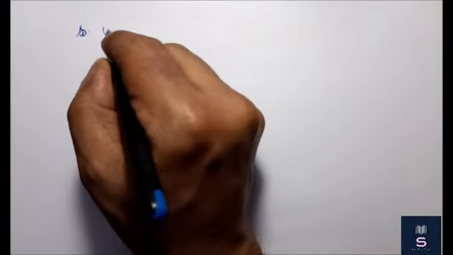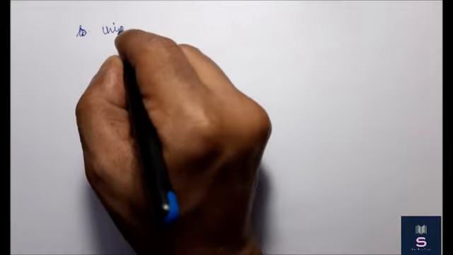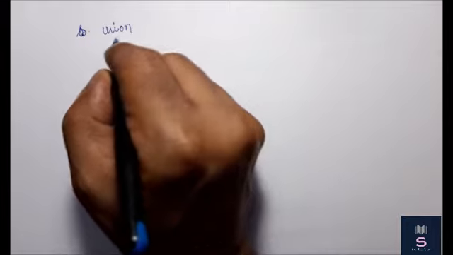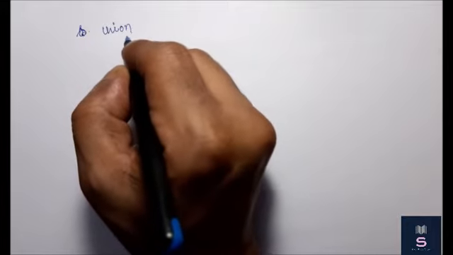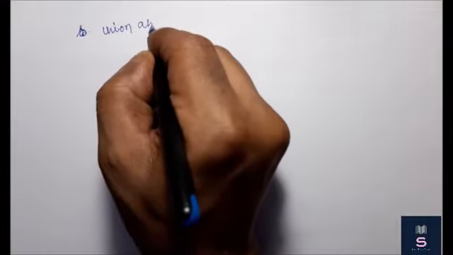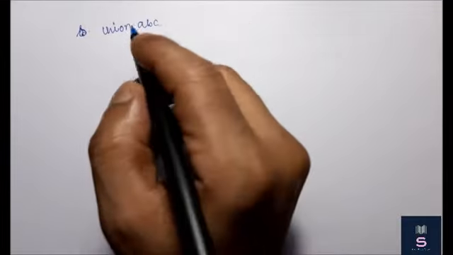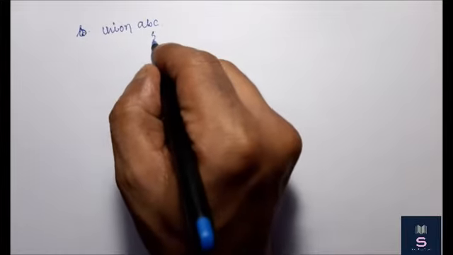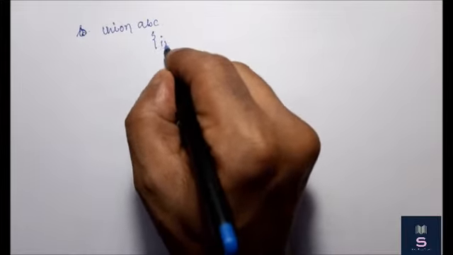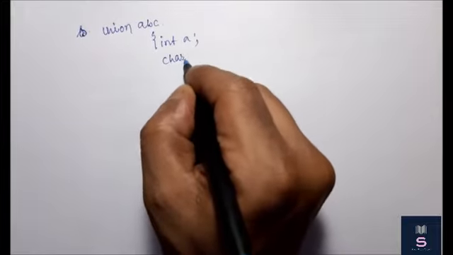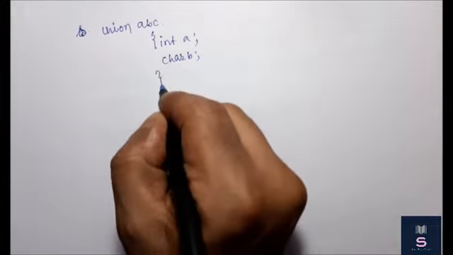The only difference is the keyword. If I want to declare a union, the keyword should be union instead of struct, and the rest of the procedure is the same. So union ABC, and within this ABC I am taking the same example, int A and char B, then semicolon.